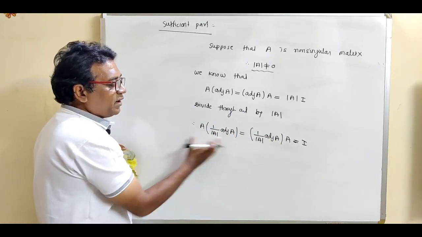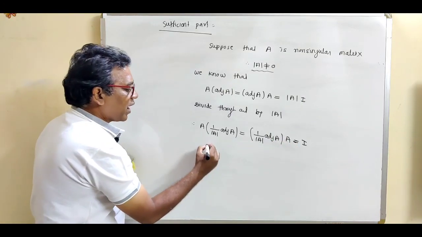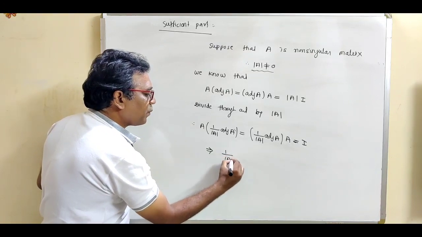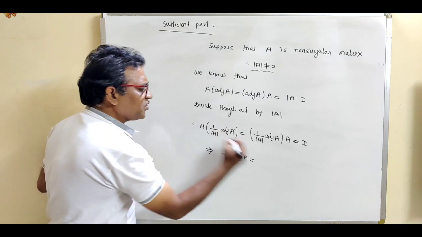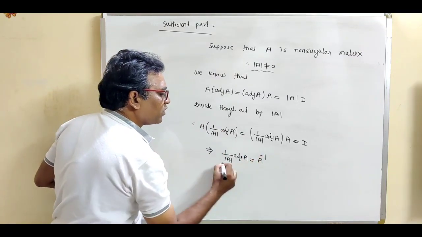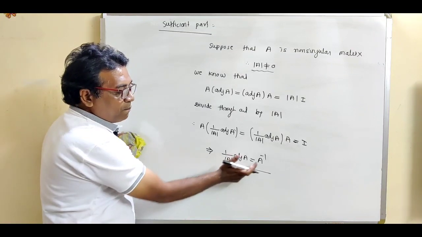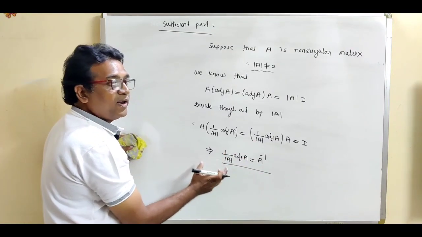So this is exactly the definition of inverse. The product of A into B is the same as B into A is equal to I. So according to the definition of inverse, this second element 1 upon determinant A into adjoint A is called the inverse of the first element. So we have shown that this matrix A has an inverse, and this is the formula for finding the inverse.